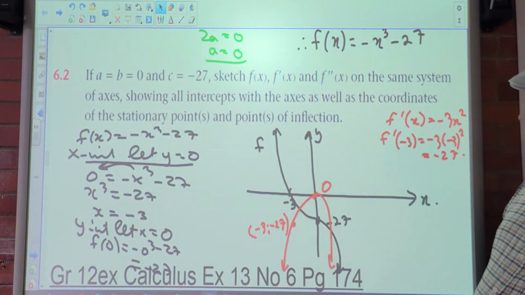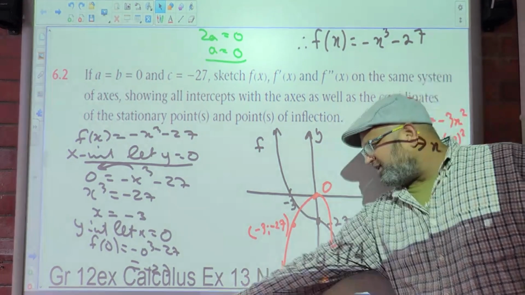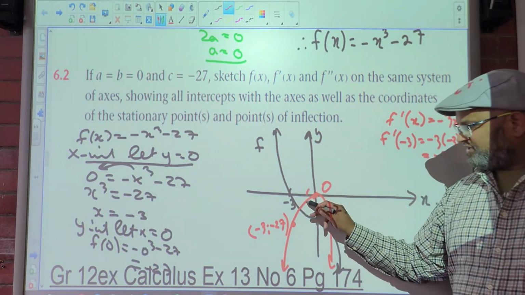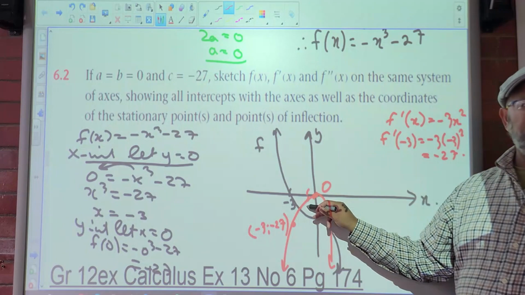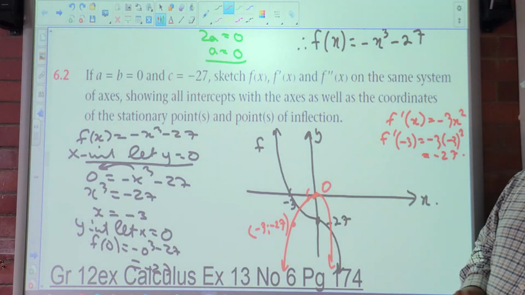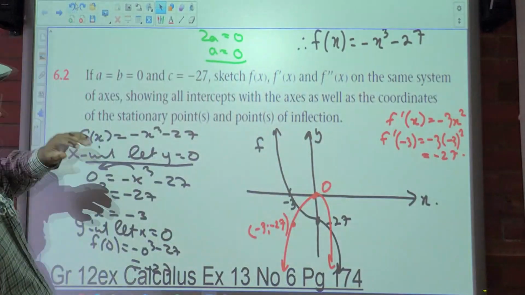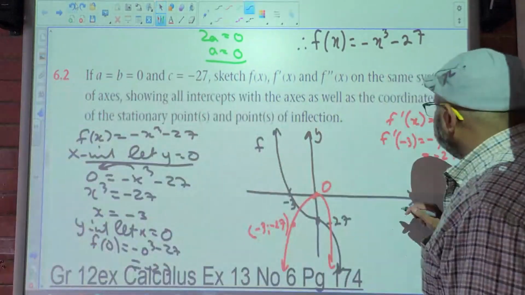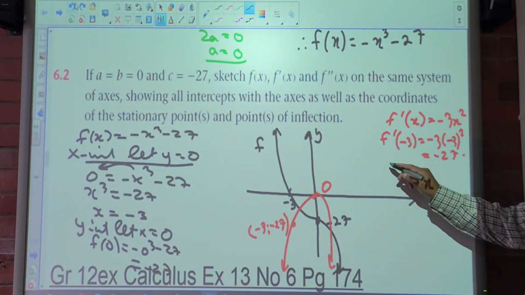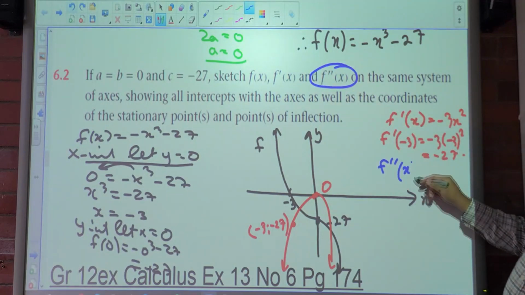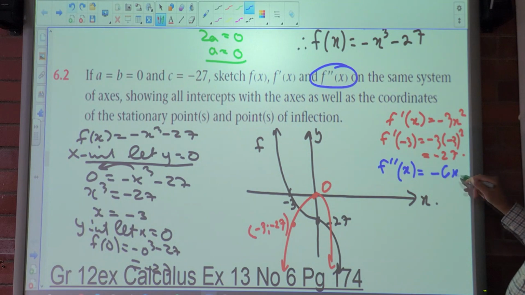So there's that drop. If you put negative 1 in, I got negative 3, so it should have been closer there. Negative 1, negative 3 would have been about there. Okay, which makes sense in the question. Okay, let's go to the next part of the question. For the double dash graph, which is your second derivative, it's going to be negative 6x.